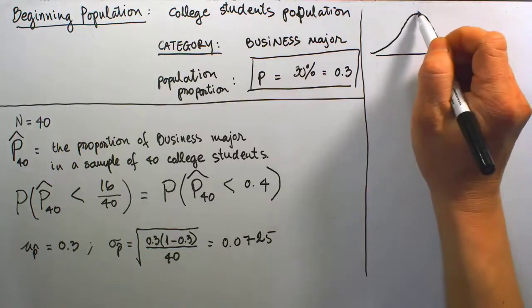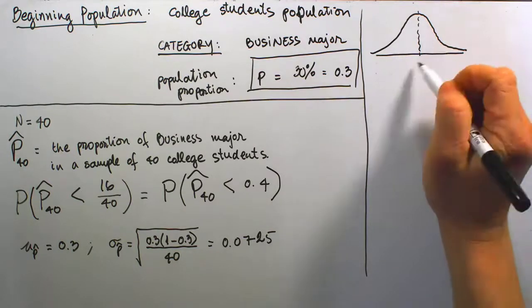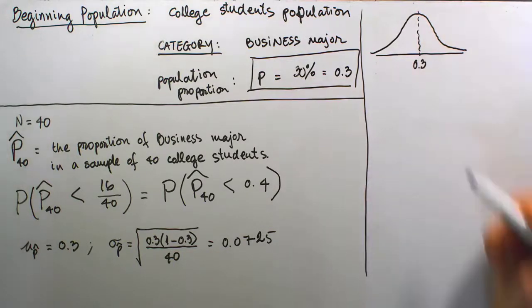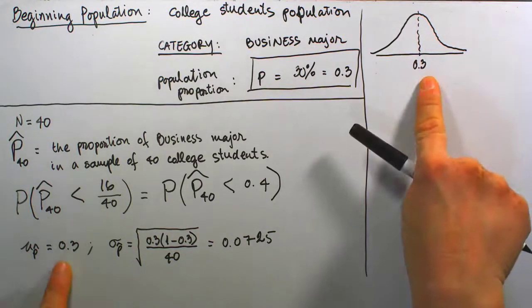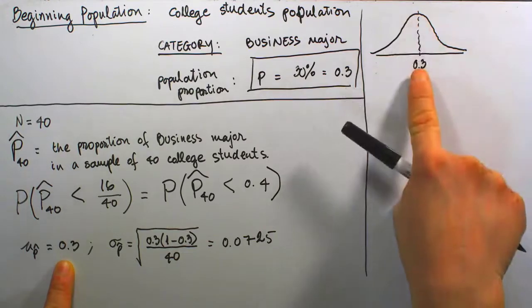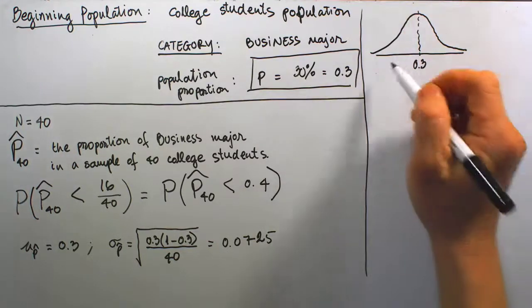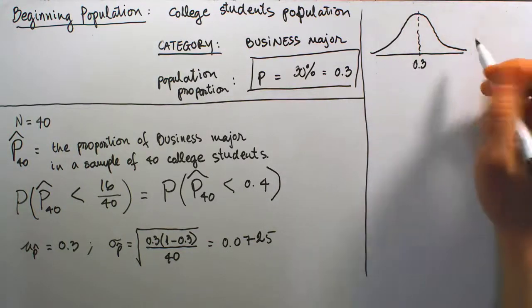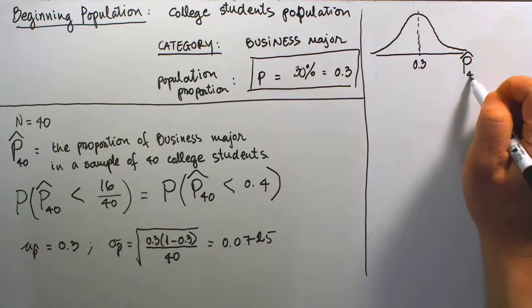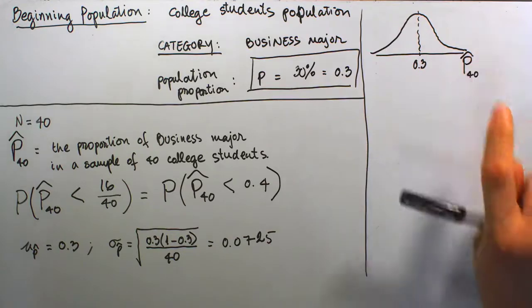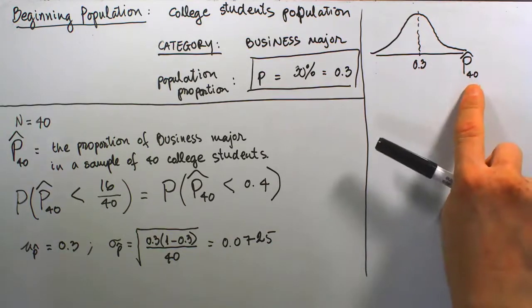The center here is 0.3. As you have already learned up to this point, the center of the data is always exactly in the middle, and it's a bell curve shape. Any value that we can find on this line here is a sample proportion. Capital P hat 40 is what we generally regard here as the name of the random variable.